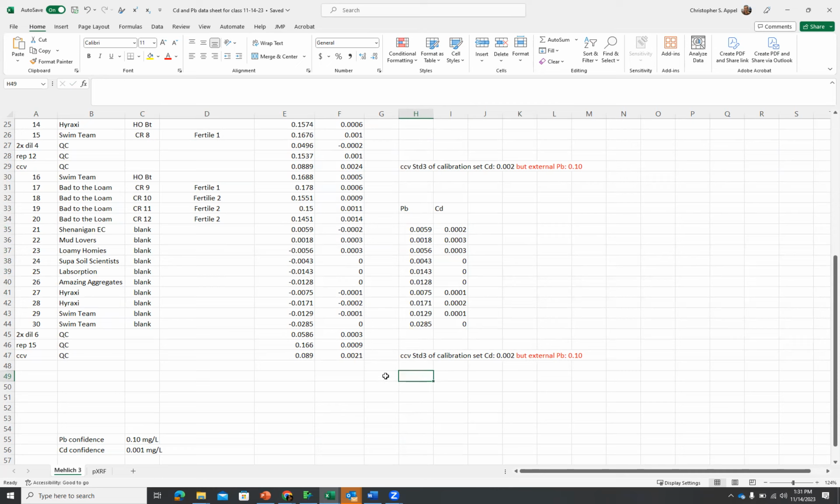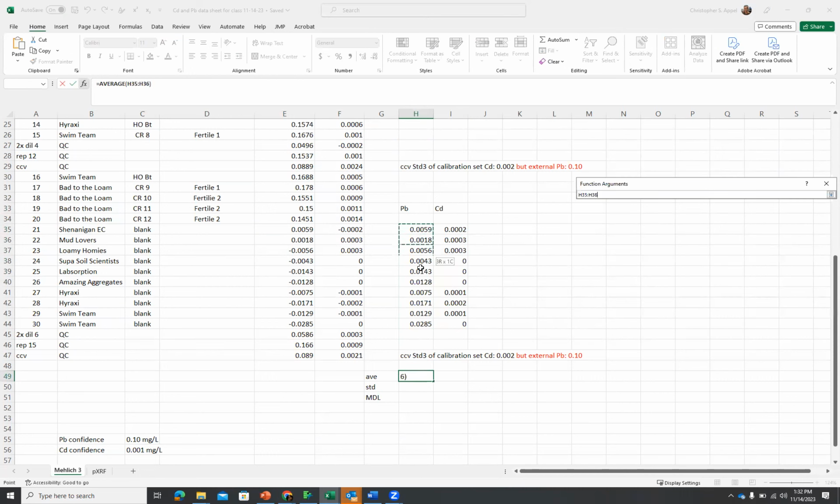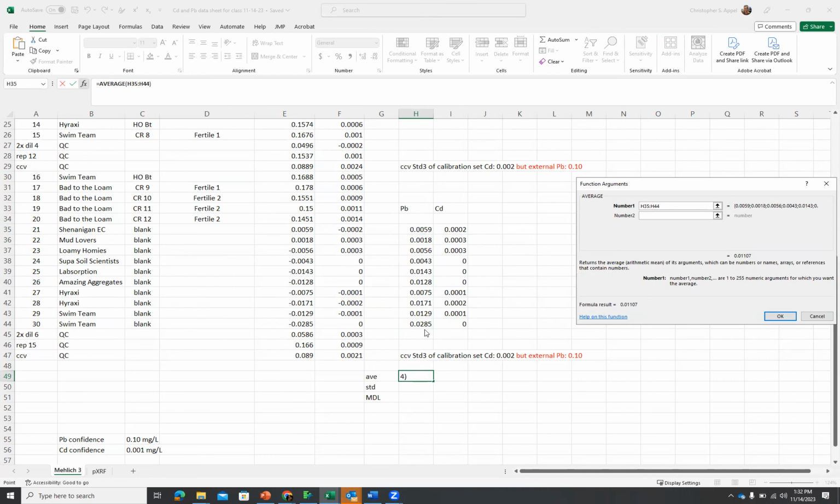And then below them, all I'm going to do is calculate an average, and then a standard deviation, and then the MDL. All right, so just use those values to calculate those things. And then if you don't remember the formula for method detection limit, I'll remind you of that in just a minute.